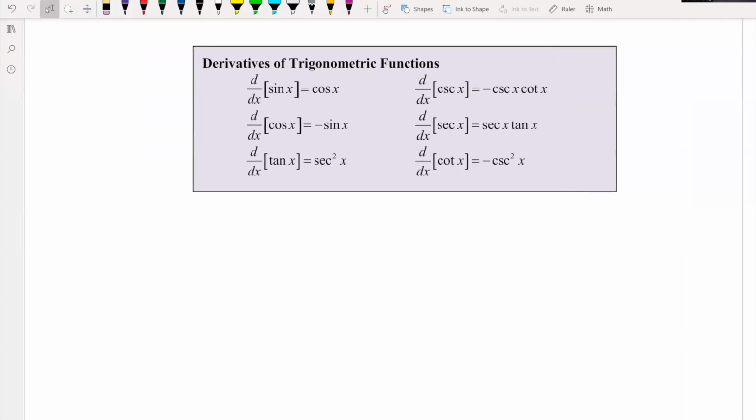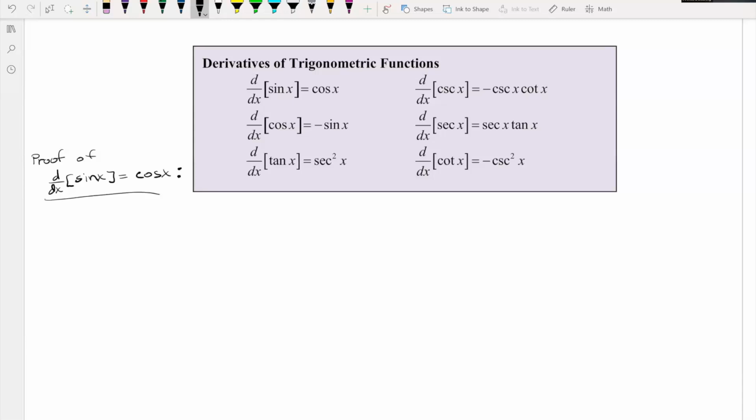I'm not going to prove them all because, as you'll see, some of the proofs end up being the exact same with just different trig functions involved. But let's go ahead and first prove that the derivative with respect to x of sine x is equal to cosine x.